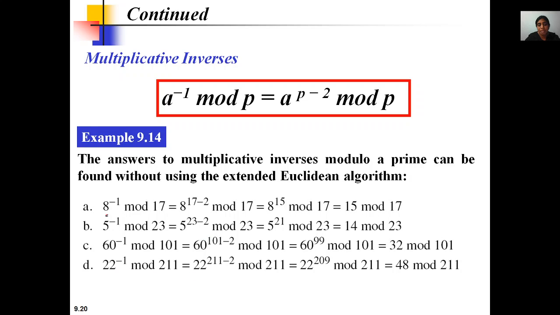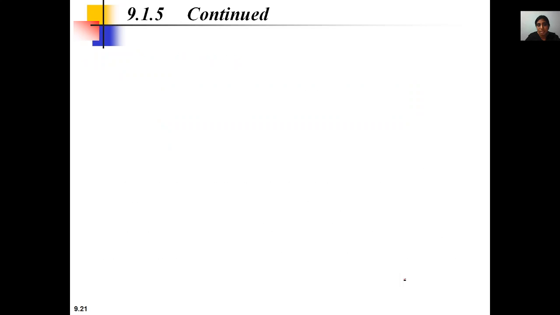So 8 inverse mod 17 is nothing but 8 power 17 minus 2, that is a power p minus 2, so 8 power 15 mod 17, which gives 15 mod 17. And similarly you can get the values, which is nothing but 14 mod 23 here. Similarly you are going to find all the values without using the extended Euclidean algorithm.